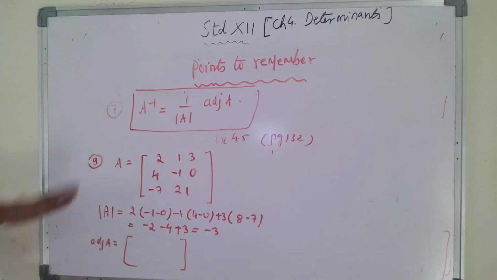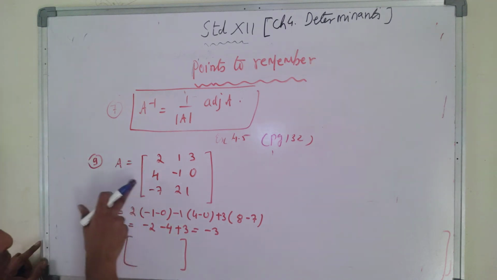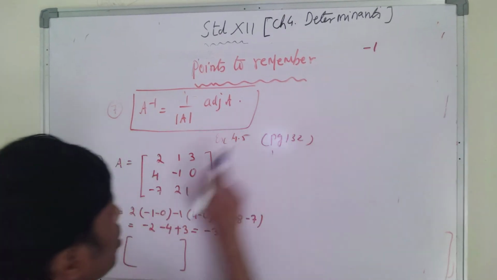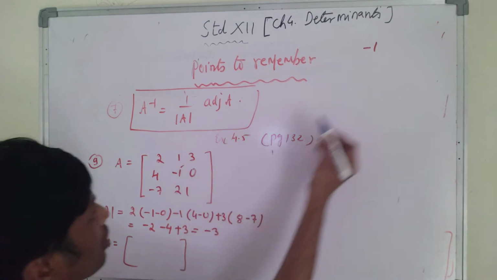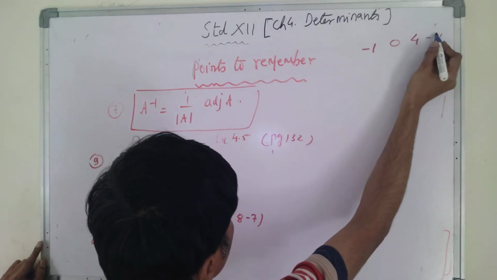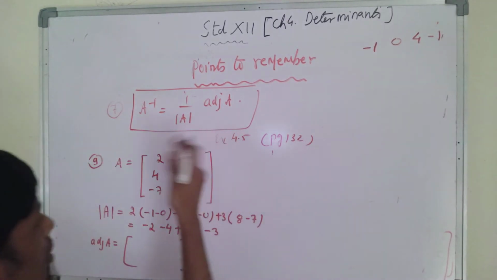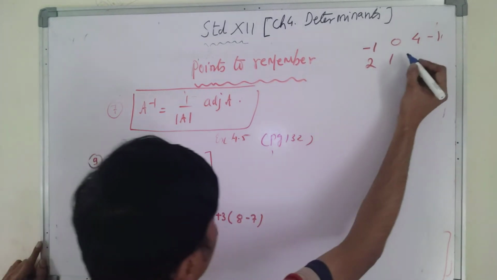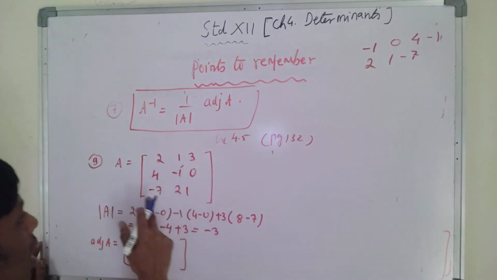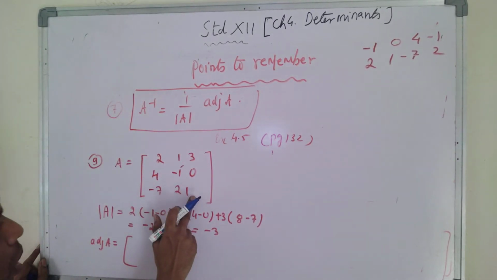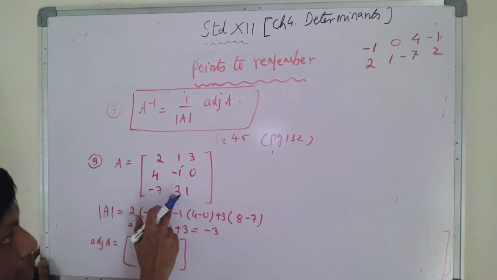Now to find adj A, you can use the shortcut method directly. So I told you, you go for the second column, the middle element, that is -1. This has to be chosen first. Then 0, then 4, then -1, right? And then the third row, middle element, 2, 1, -7, and again 2, 2, 1, -7, and back to 2.